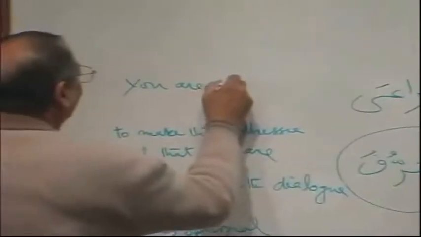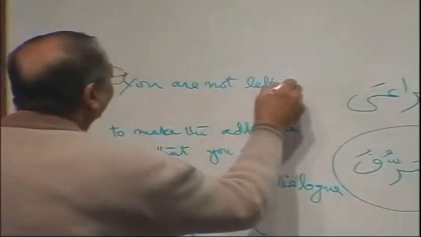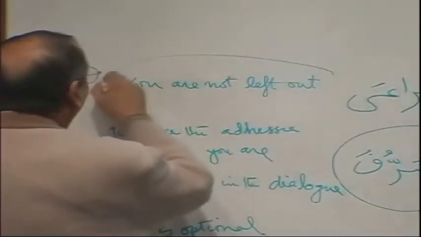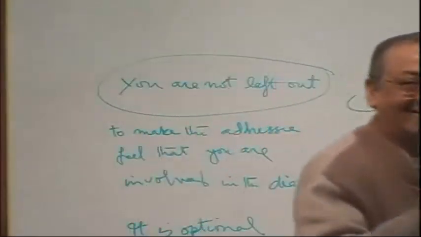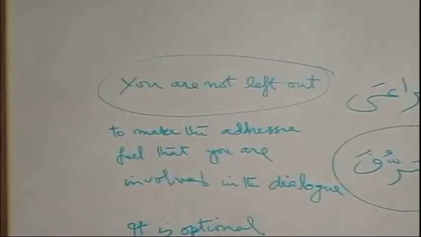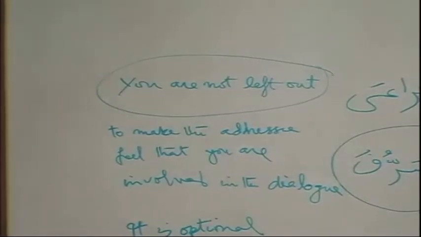You are not left out. You are not left out. You are involved in the dialogue. That is the meaning of the tasarruf. When you use it like this, brother and sister, that's it. It does not change the meaning.